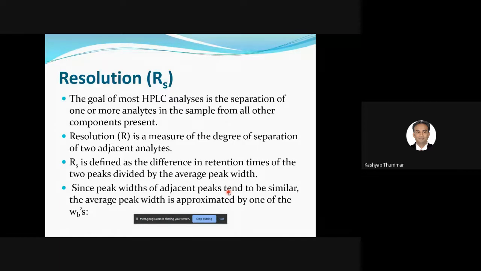Resolution, denoted as RS, is a measure of the degree of separation of two adjacent analytes. RS is defined as the difference in detection time of the two peaks divided by the average peak width.